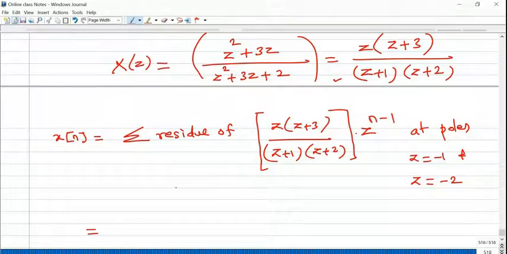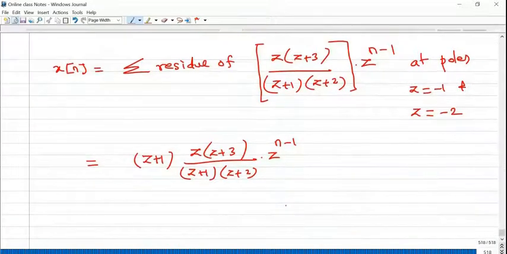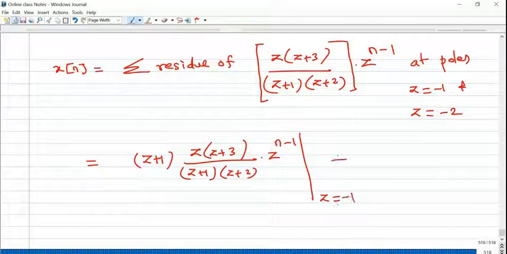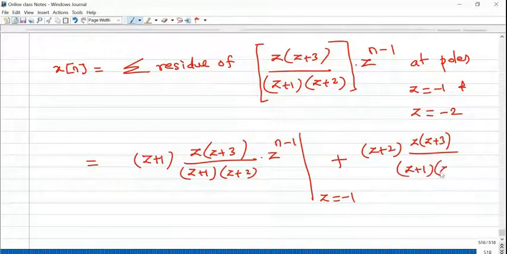So this will be equal to (z plus 1) times z into (z plus 3) divided by (z plus 1)(z plus 2), as per the formula, z power n minus 1, at z equal to minus 1, plus the summation, plus (z plus 2) times z into (z plus 3) divided by (z plus 1) into (z plus 2), z power n minus 1.